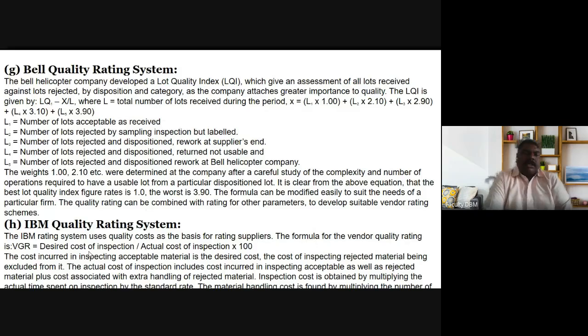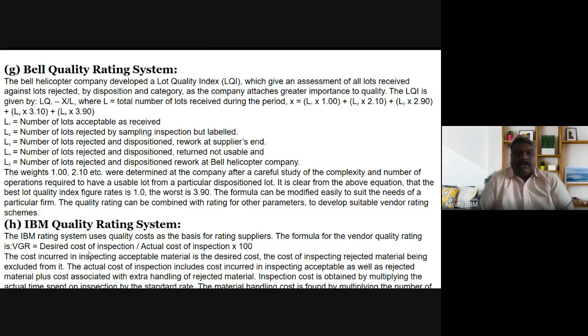The cost incurred in inspecting acceptable material is the desired cost, and the cost of inspecting rejected material is excluded from it. Because the inspection team is going to inspect all the lots, we have to remove the rejected inspection cost from that. The actual cost of inspection includes the cost incurred in inspecting acceptable as well as rejected material, plus the cost associated with extra handling of rejected material.